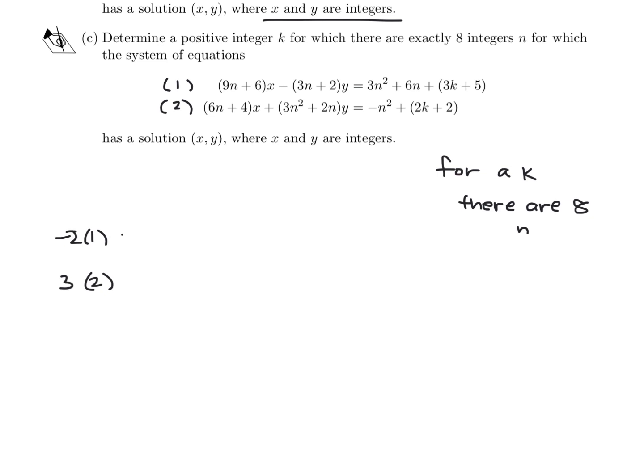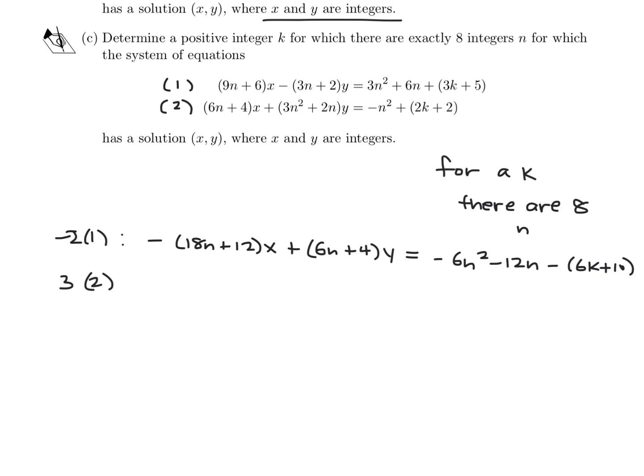So then this one would give me minus 18n plus 12x plus 6n plus 4y is equal to minus 6n squared minus 12n minus 6k plus 10.